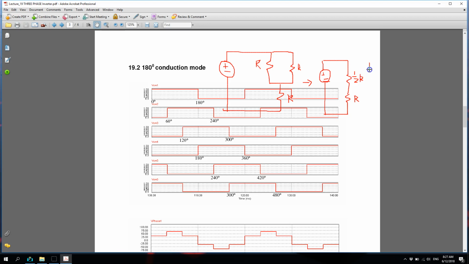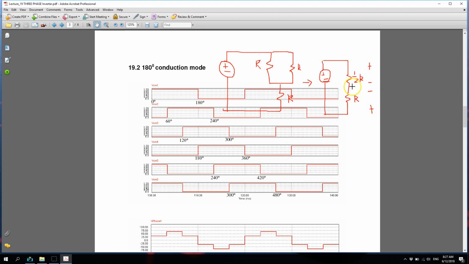And the voltage is always in this polarity, plus-minus. For phase 2 it becomes plus-minus in the opposite direction, right?